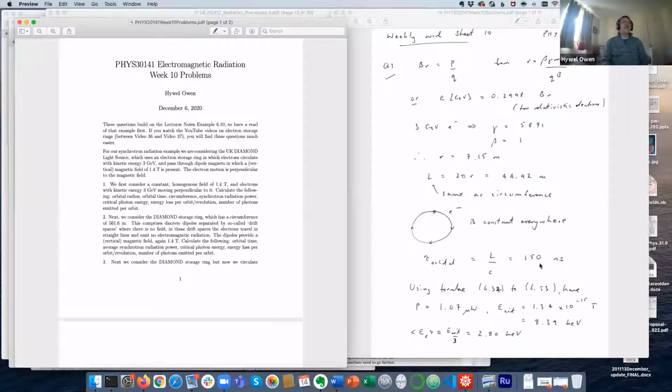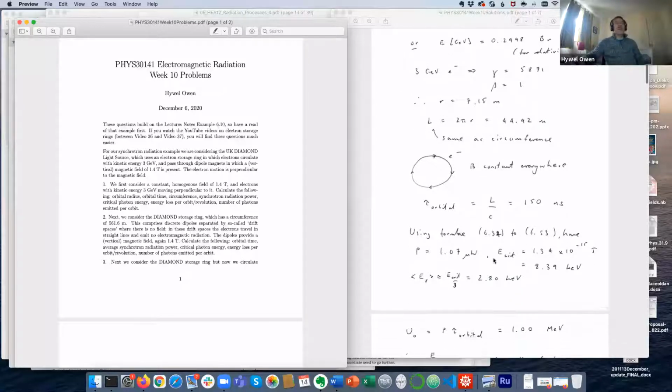Now, from these numbers, we can calculate the radiation power, the critical photon energy, and the energy loss per orbit. So let's calculate that. Now, in the notes, we can use a variety of formulae from equations 6.34 to 6.53, but when we calculate them and we plug in the numbers carefully, we find that the emitted power should be 1.07 microwatts.